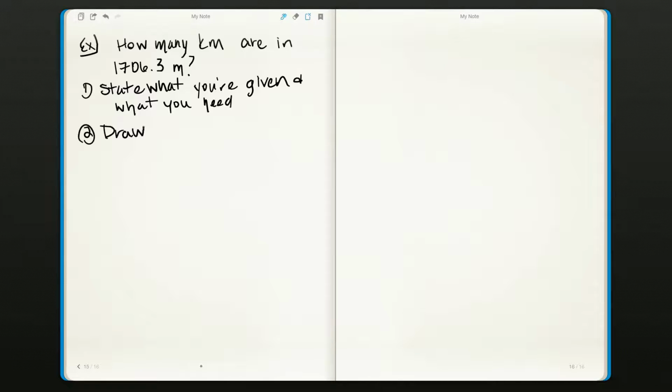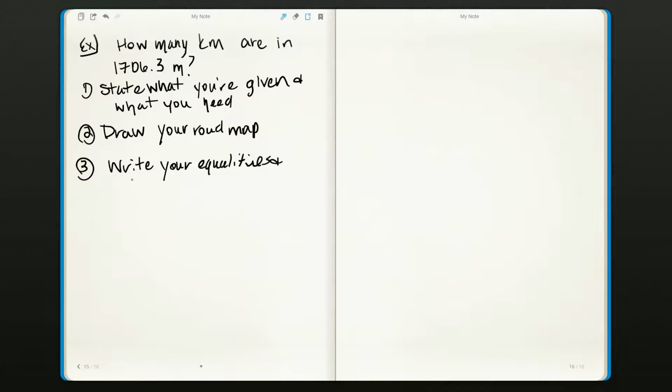Draw your roadmap. 3. Write your equalities. 4.